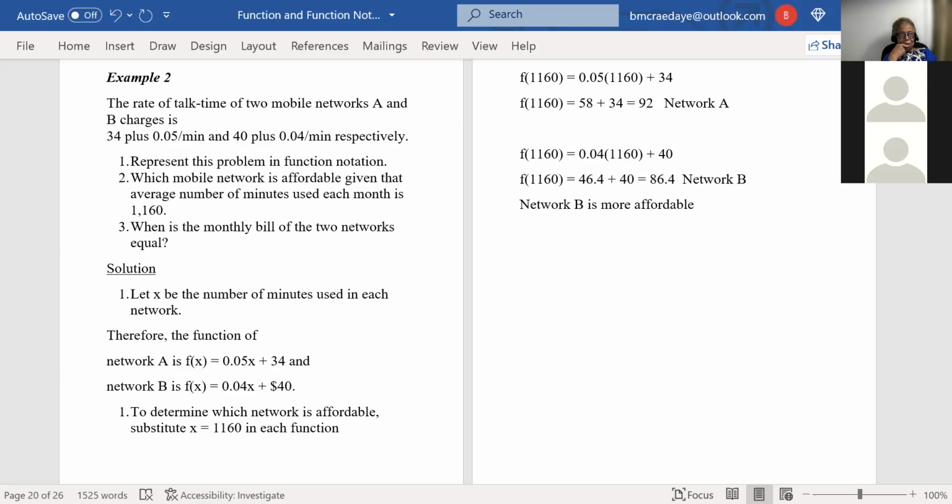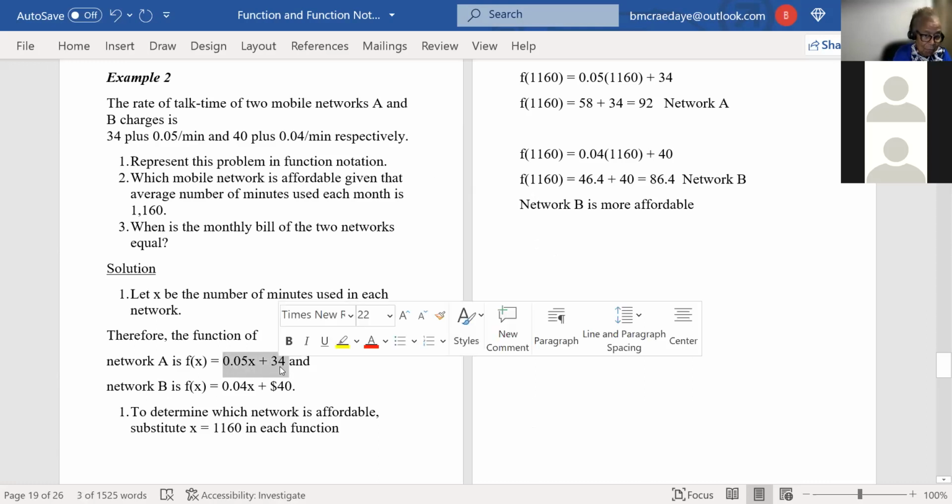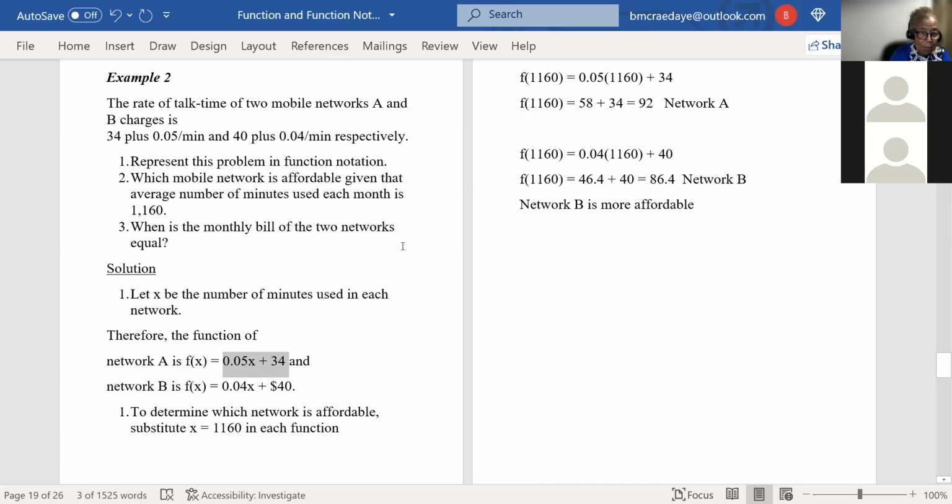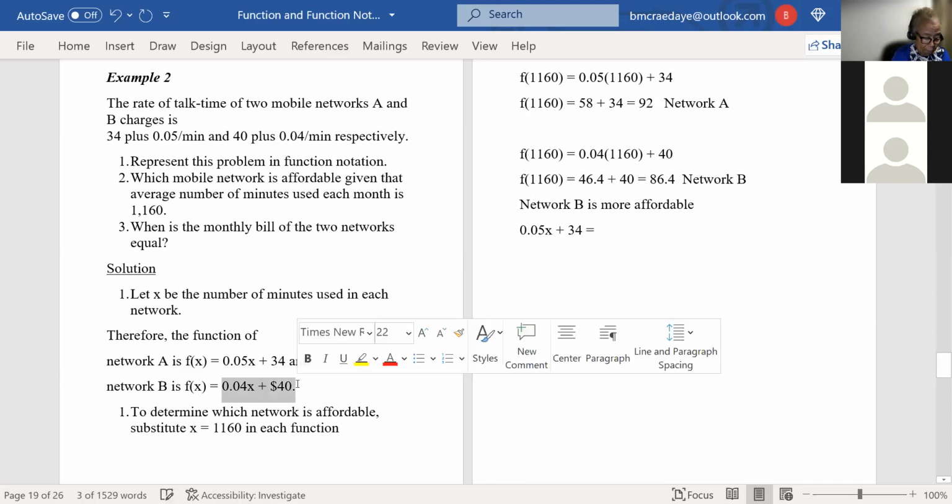You want to set network function A equal to network function B. So what that means is you're going to take this 0.05x plus 34. And you want to put that equal to the 0.04x plus 40.